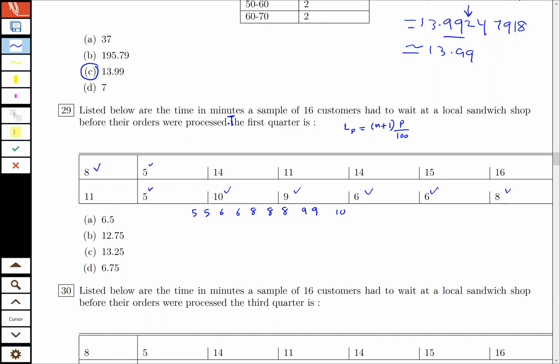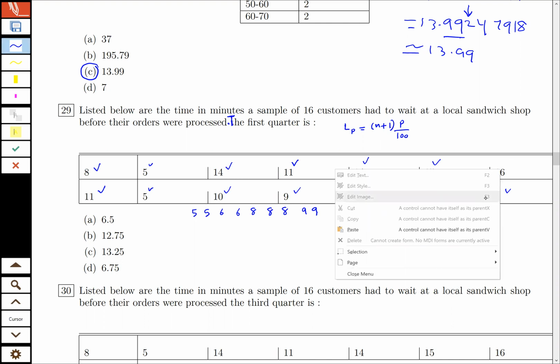Then I have 11 two times, this is one of them, that's the second. And we have 14 two times, this is 14, that's the second. And I have 15 and 16: 15 one time, 16 one time.